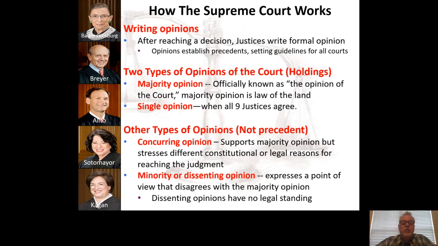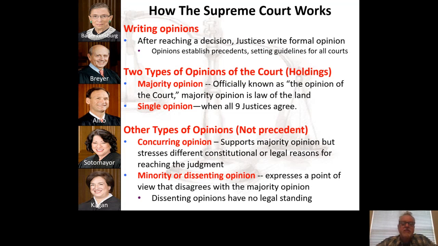So how the Supreme Court works after they have heard oral arguments, they have to write an opinion of the court, which is going to establish precedent for every court across the United States. So there are two types of opinions that become the opinion of the court, the holding of the court, and that is a majority opinion where at least 5 justices agree on the opinion, or a single opinion.